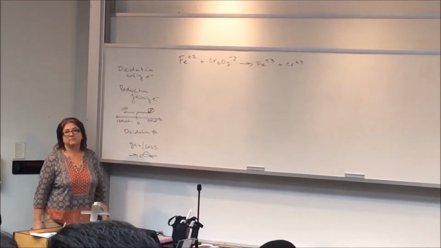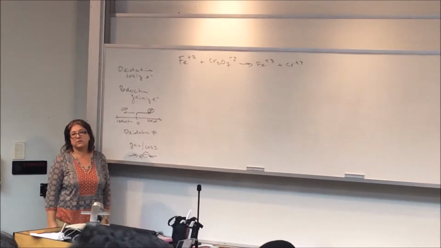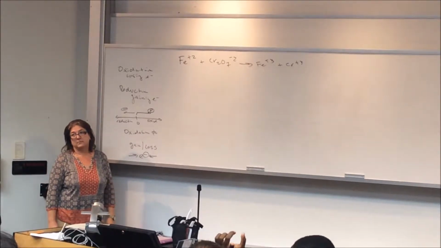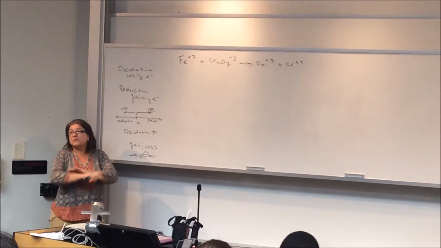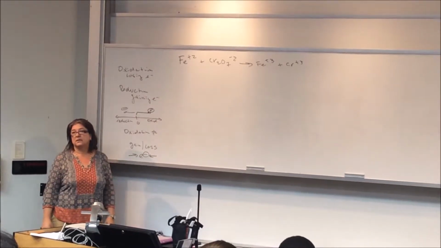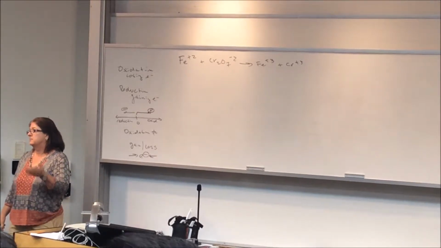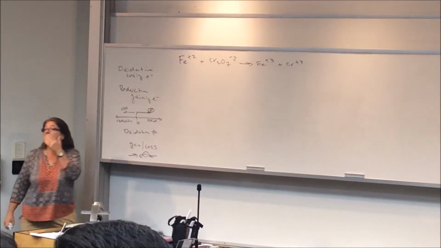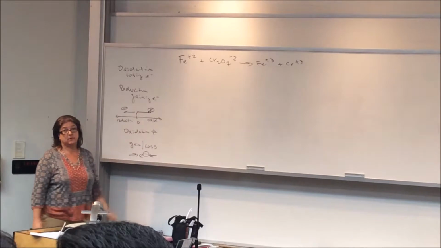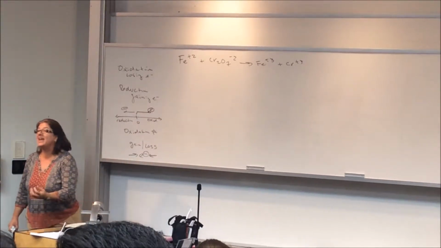That's a reduction. It's the definition of reduction, the gain of electrons. That's what drives people to drink when it comes to redox. Because you're gaining and losing negative things. Everybody wants to say gain, oh yeah, that would be positive. But your gaining is negative.